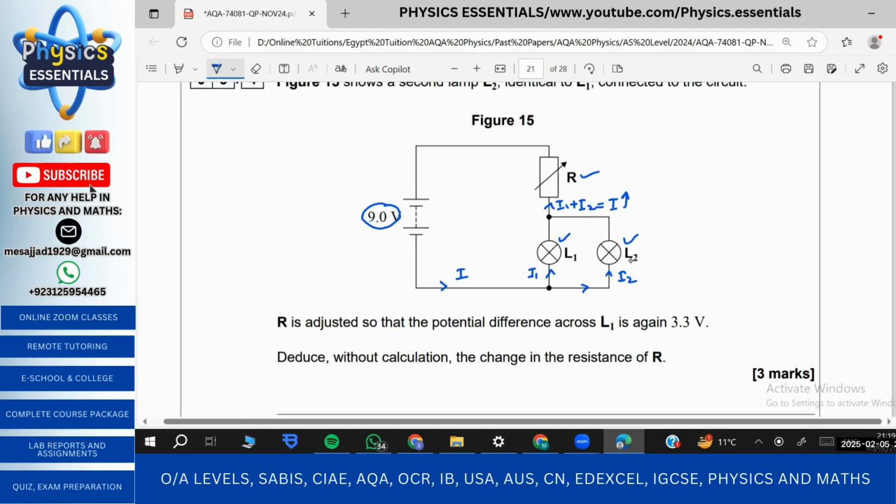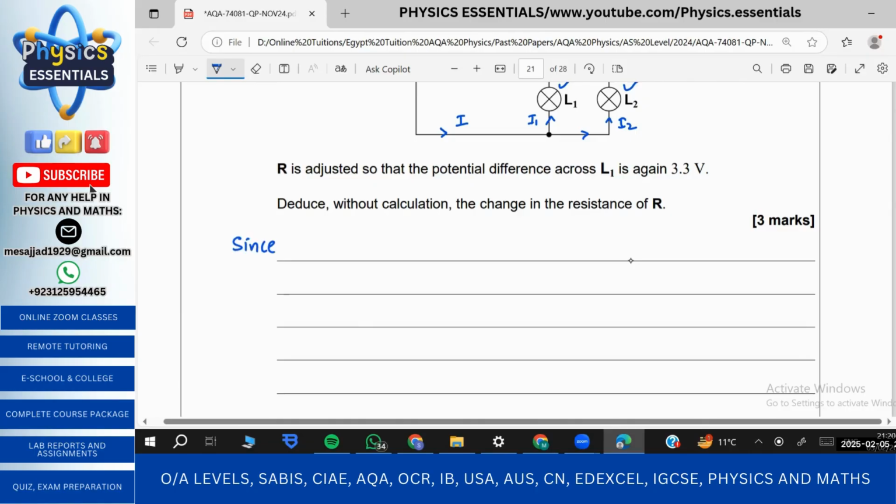How would we write? Okay, since L1 and L2 are connected in series, sorry, in parallel, are connected in parallel.